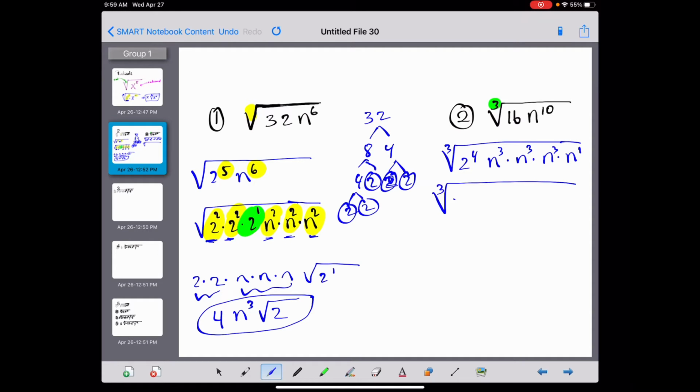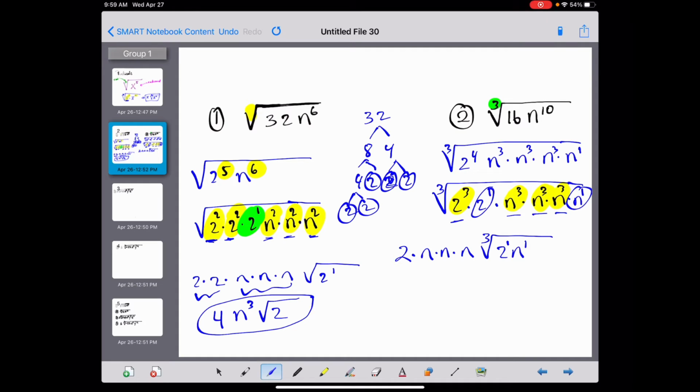So here we have, not squared, we're not working with squares, it's 2 to the 3rd, 2 to the 1st, and n cubed, n cubed, n cubed, and n to the 1st. Let's highlight the ones that get to go out. In this case, it's this 2 right here, and these 3 n's. The ones I'm not highlighting are the ones stuck behind. So this 2 gets to go out, these 3 n's, and the one that does not have enough power, this one right here, is stuck behind.